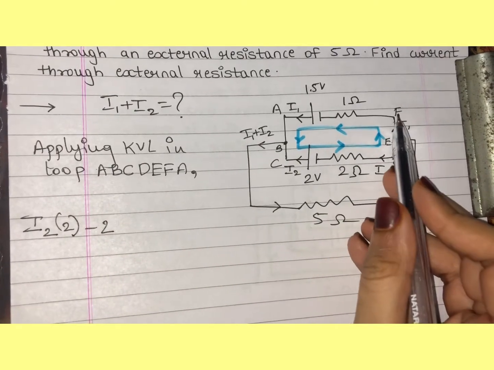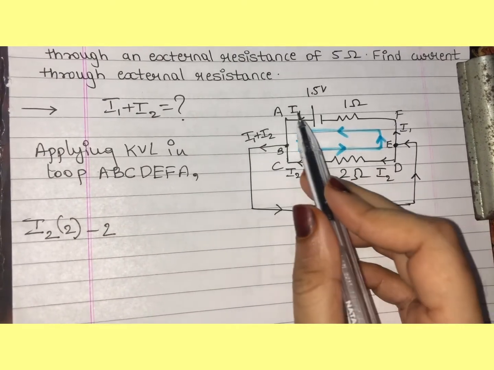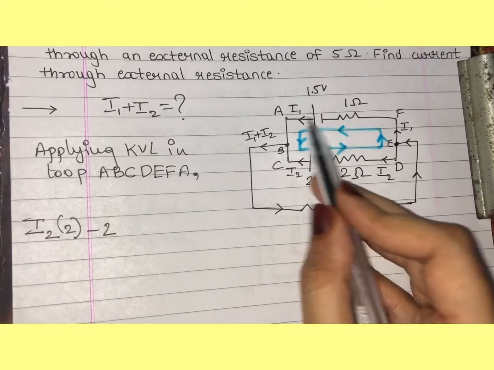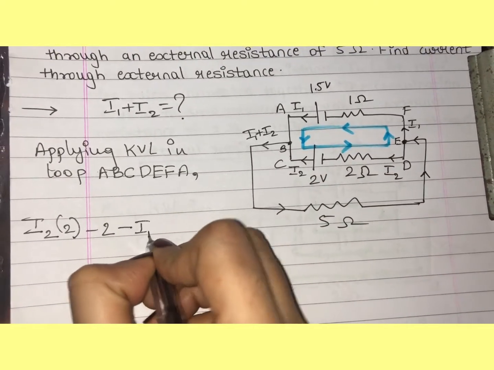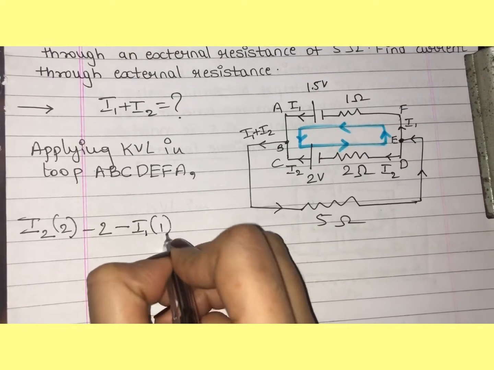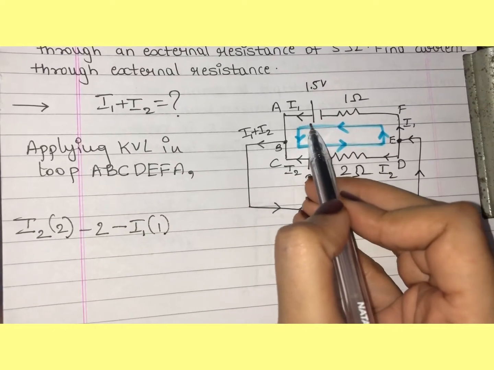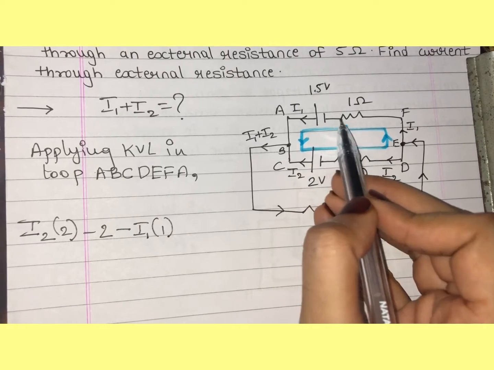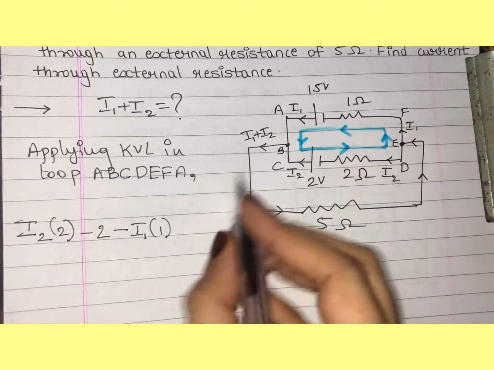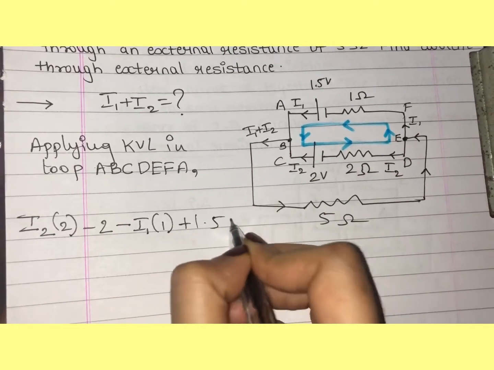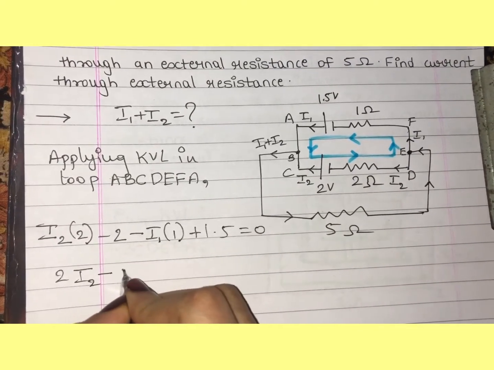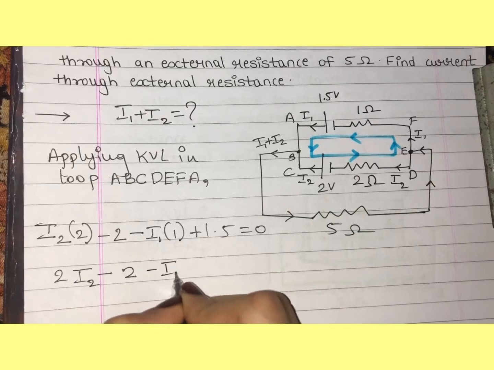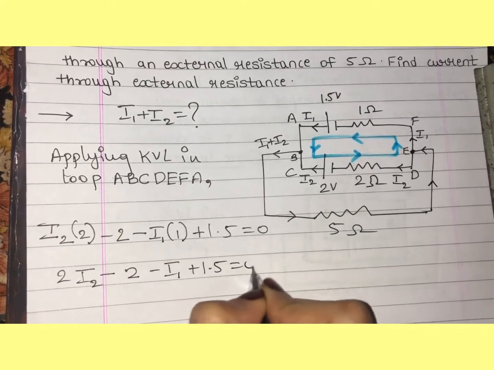While going from D to F, no resistance, but while coming from F to A, your direction and the direction of the current is same, so it will be negative potential difference, that is I1 into the resistance, that is 1. And while coming towards this side you cross the negative terminal of the battery and come towards the positive, so it will be plus 1.5 is equal to 0. So 2I2 minus 2 minus I1 plus 1.5 is equal to 0.